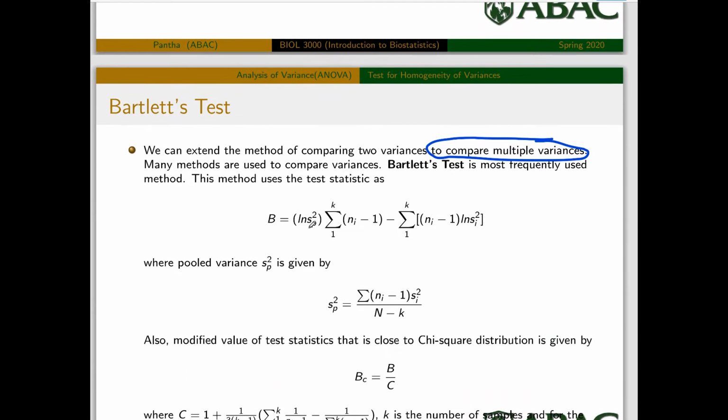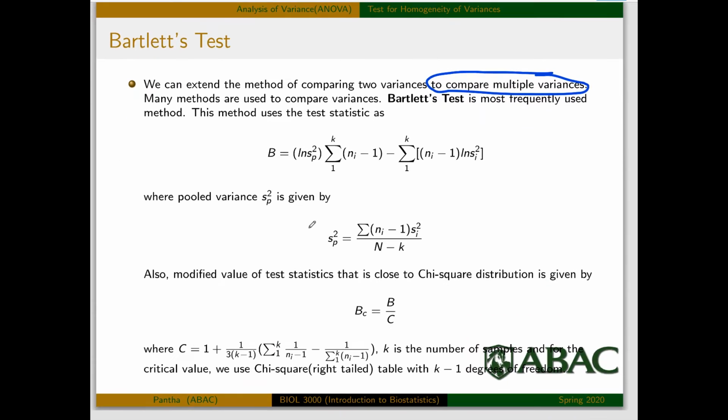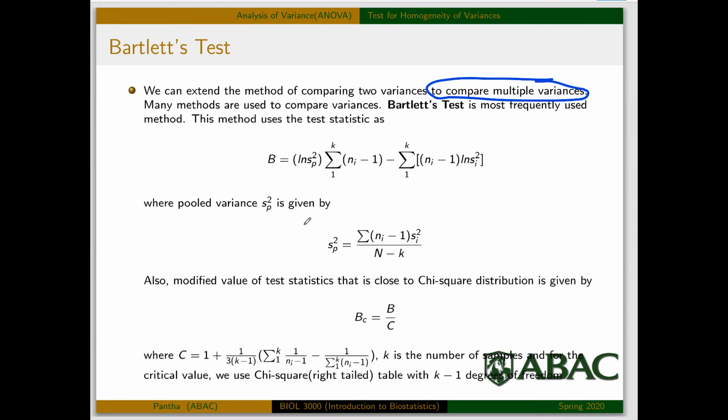Okay, the Bartlett's test basically tests the homogeneity of the variance. The test statistic for the Bartlett's test is this: natural log of the pooled variance, times the summation from 1 through k of ni minus 1, minus the summation from 1 through k of ni minus 1 times the natural log of the variance.